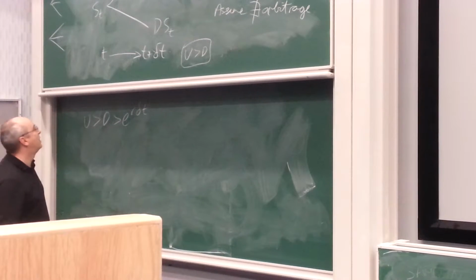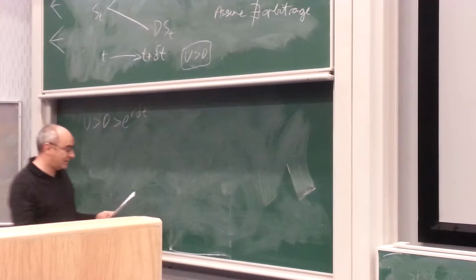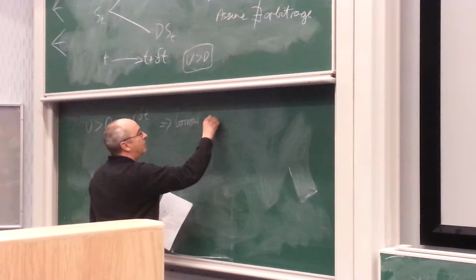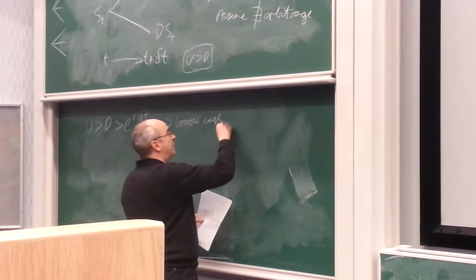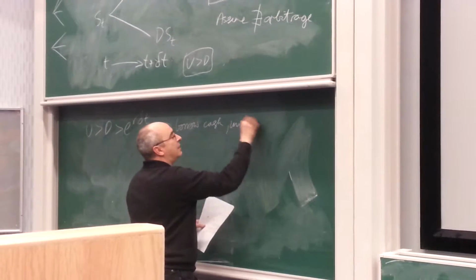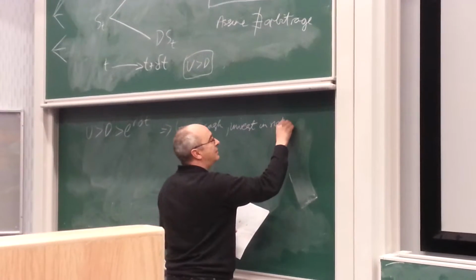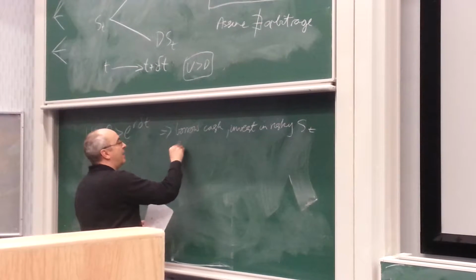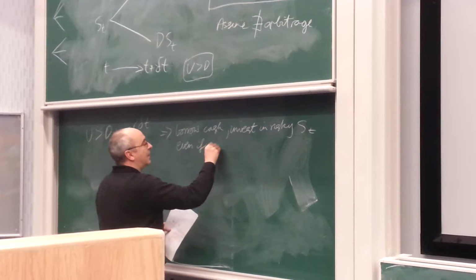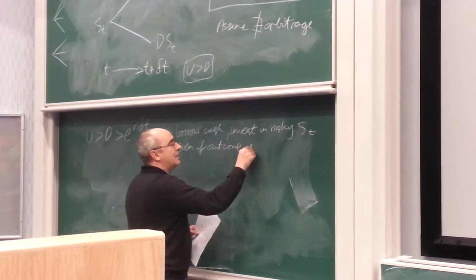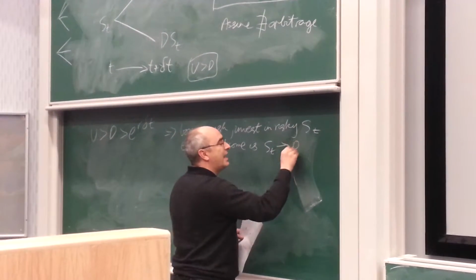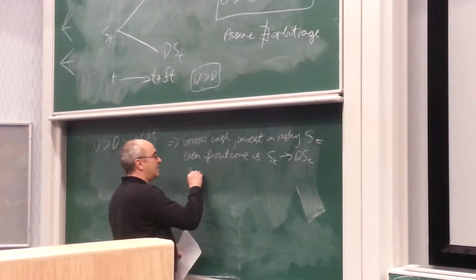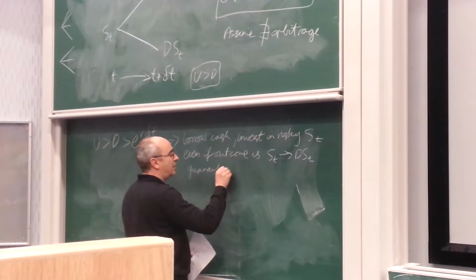If you have U greater than D greater than e to the r delta t, then you could borrow cash, invest in the risky asset, and then even if the outcome is ST goes to DST, you get a guaranteed profit.